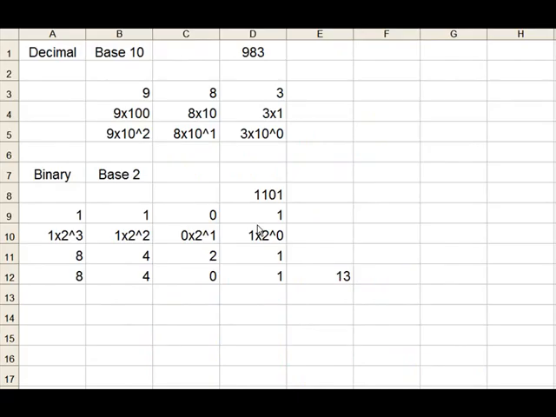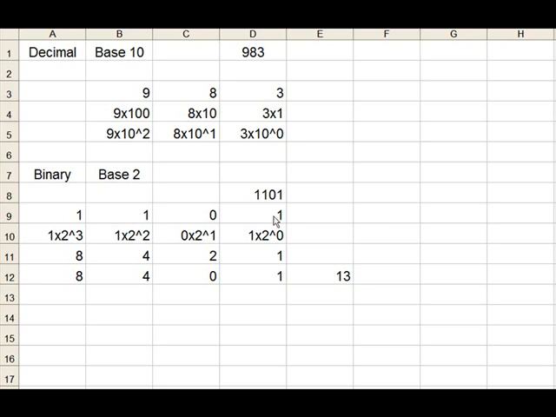Let's just review this briefly, because if you get this part, then the rest of it is kind of easy. The places in the decimal number system are the 1's place, the 10's place, the 100's place, and so on, and these are determined by powers of 10.